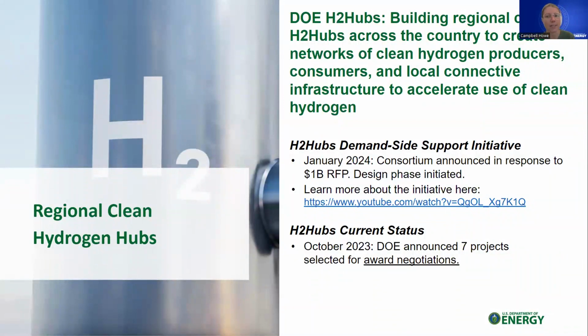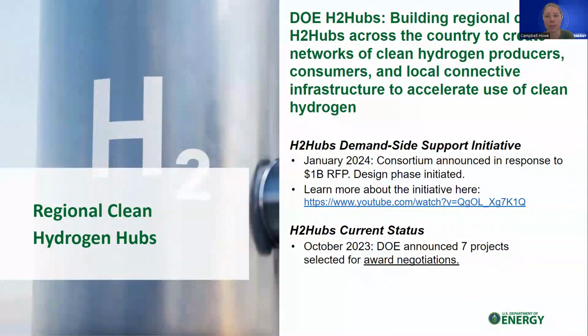Really what's happening is that the DOE is pairing $7 billion of government funding for these hubs with $40 billion of private capital. And so this will truly multiply the capital effect, both in terms of production of electrolytic and reformation-based pathways.